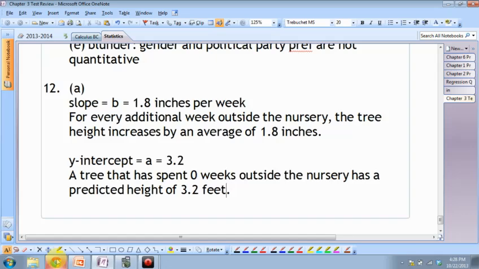Is it inches? Well, you put inches. Yeah, it's inches. Okay.